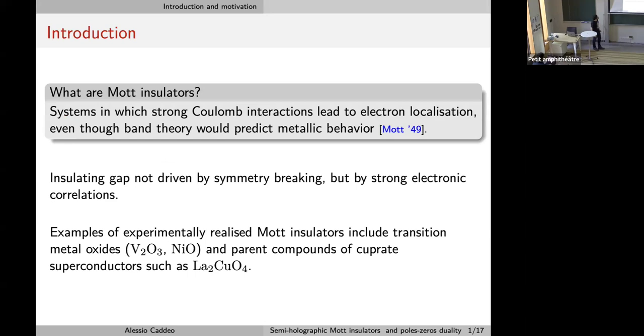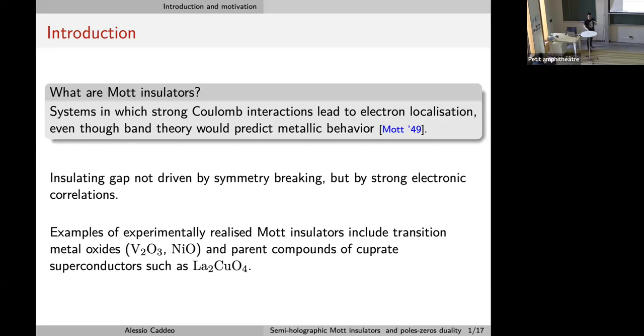So here, it's almost offensive for this audience to explain this, but let me take the risk and ask what are Mott insulators. So these are systems in which electrons get localized, so they don't conduct, due to strong Coulomb interactions, even in cases in which, from band theory, one would expect a metallic behavior.